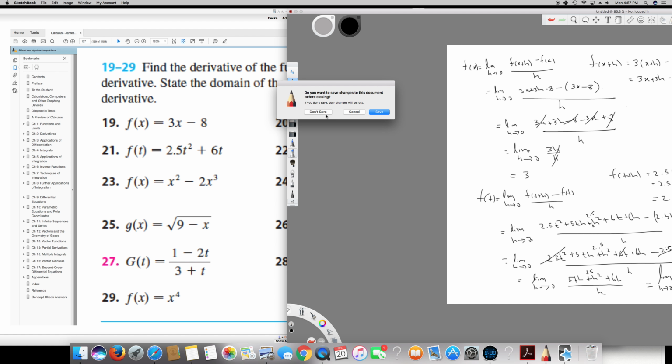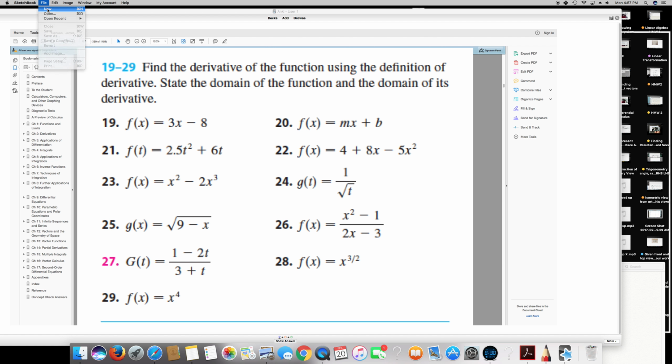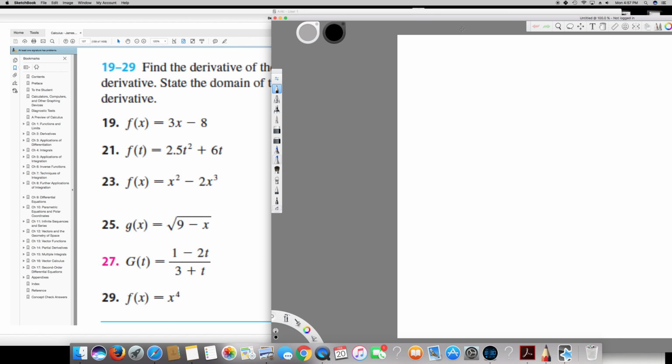Let's do the third question right here. f(x) is equal to x squared minus 2x cubed, and they are asking to find the derivative of this.